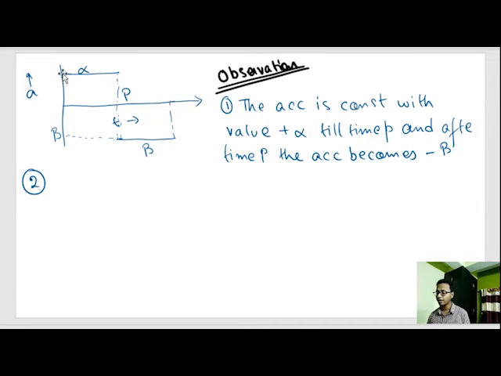So whenever you differentiate a straight line, we get some constant acceleration. Okay. So in graph, slope of a straight line is constant throughout the line.